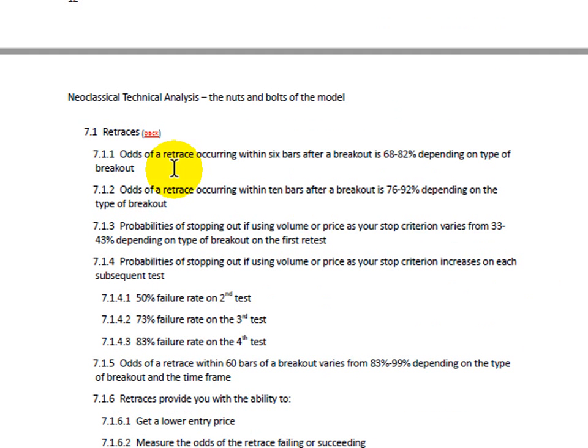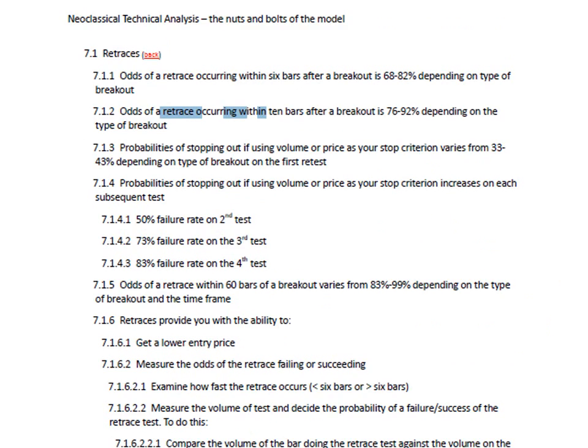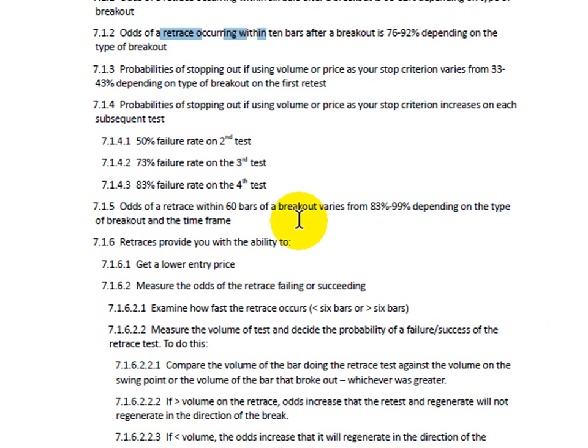The odds of those are outlined for you. You can see what all those odds are, and you can use those odds to make wise decisions as the trade unfolds.